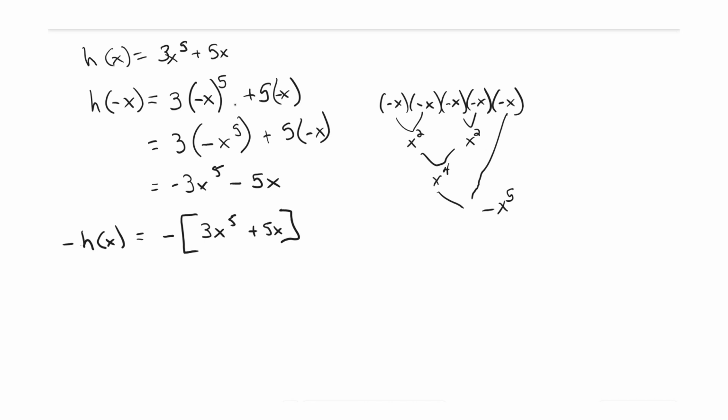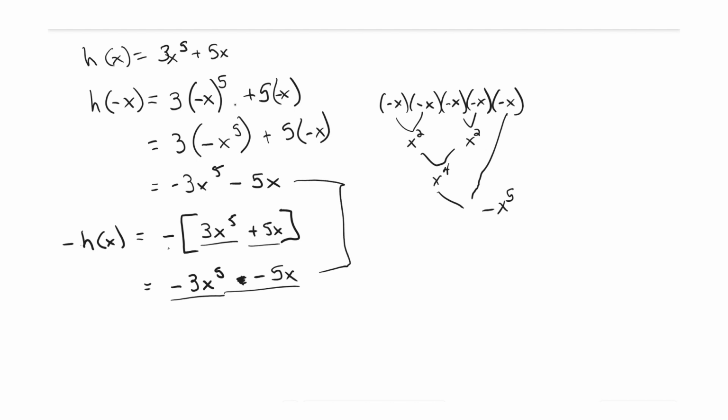So if we distribute out that negative, we get negative 3x to the 5th minus 5x, because negative times positive 3x to the 5th gives us negative 3x to the 5th, and negative times positive 5x gives us negative 5x.